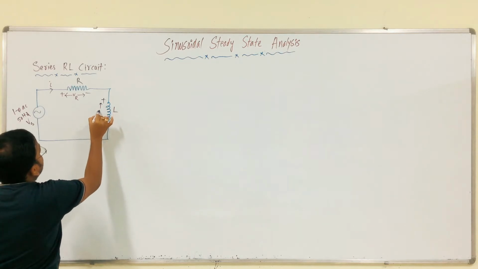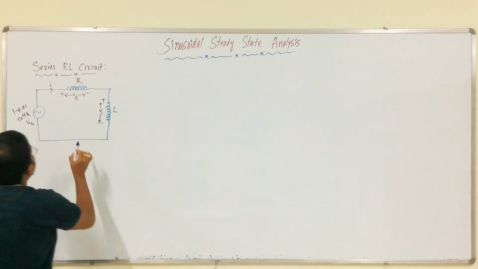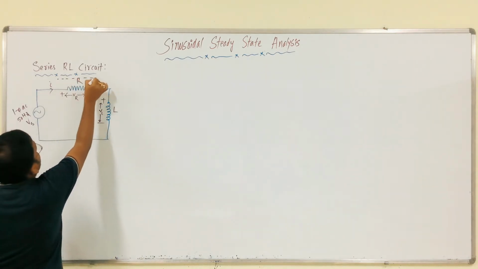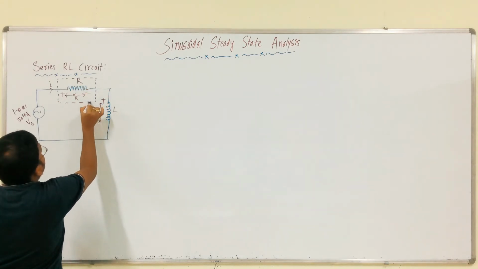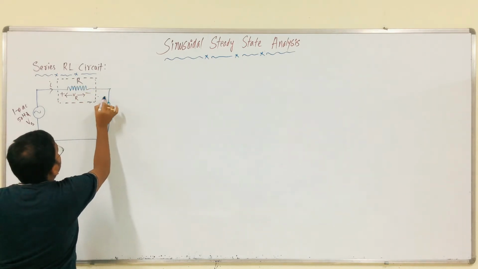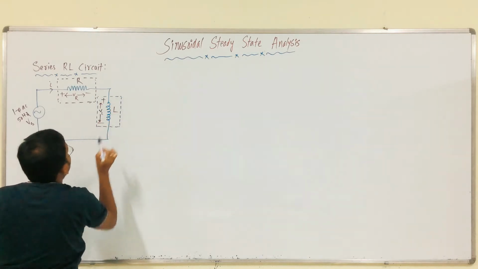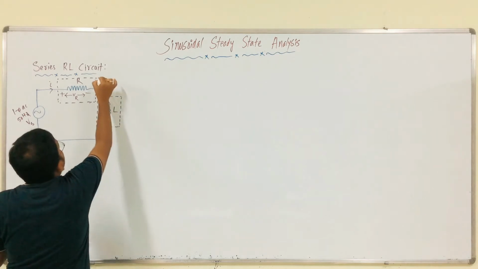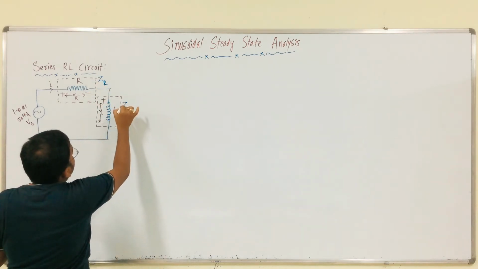This is VL. With respect to plus minus we have corresponding voltage drops, right. This is the impedance of R, ZR, this is ZL.